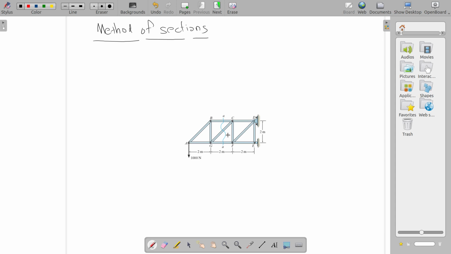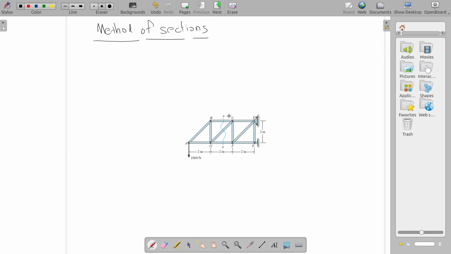Now in the case of method of sections, the ideas are essentially the same, but here we will use a shortcut to find out member forces in specific member or members.